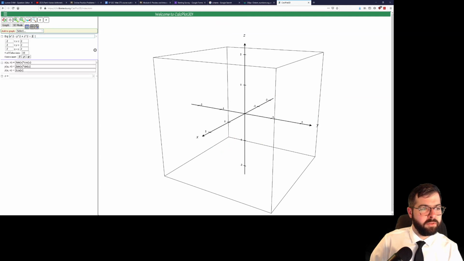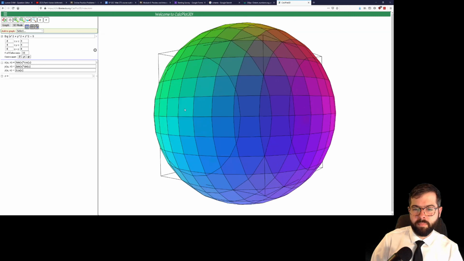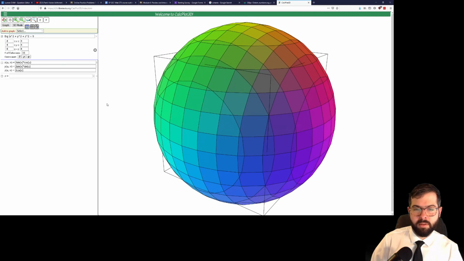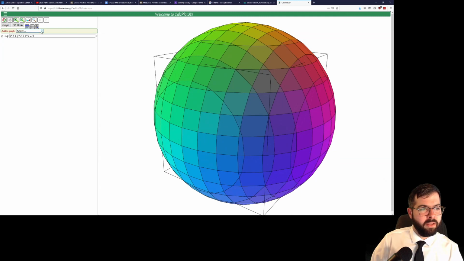Implicit surface: x squared plus y squared equals 9. And we're going to go out to 4. Okay, so we'll see the ball here. And then I'm going to plug in, what do we say? x equals 1, which we know is a plane.